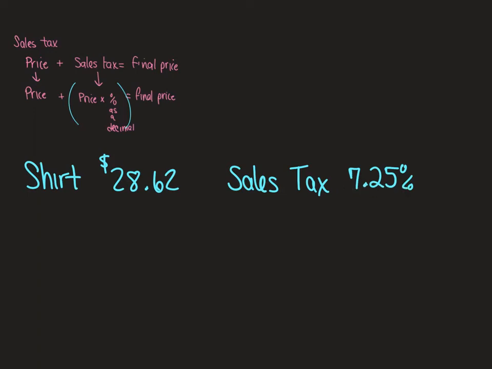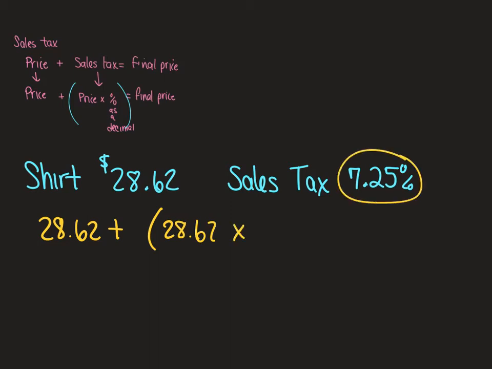All right, so we're going to take the price, $28.62, and add the sales tax, which is $28.62 times this guy as a decimal, which means we hop backwards twice, 0.0725, and that'll tell me my final price. Calculators are fine.